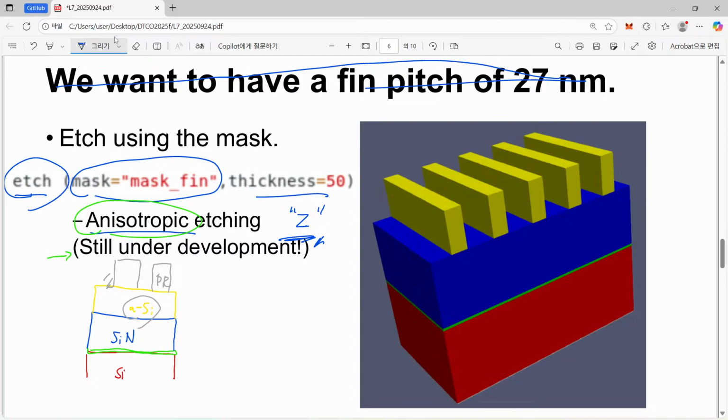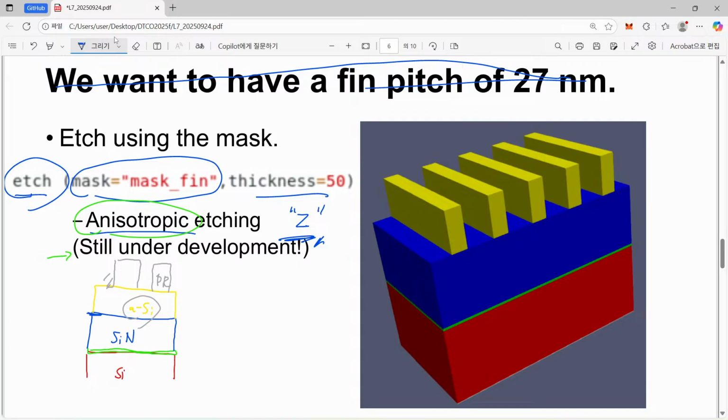However, when it hits this silicon nitride layer, suddenly it becomes quite slow. So that is the magic to make the transfer of our PR pattern onto this amorphous silicon.